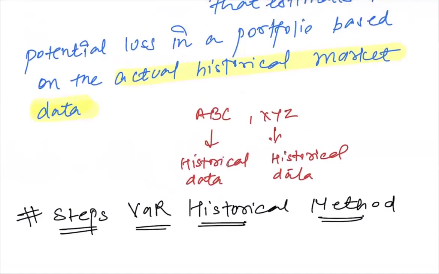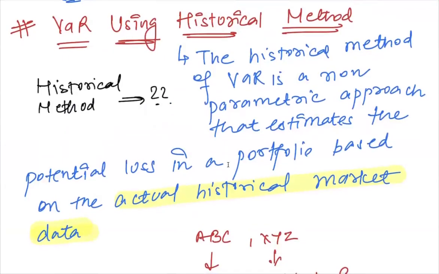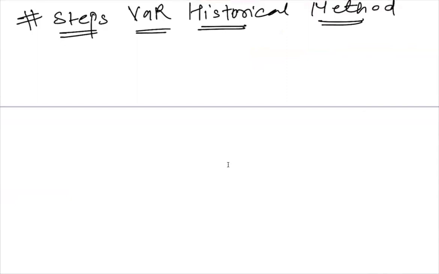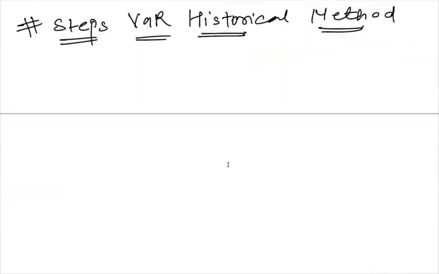One more thing I want you to understand: always remember, the historical method just takes in the historical market data and then tries to calculate the value at risk number. So let's look at the steps.